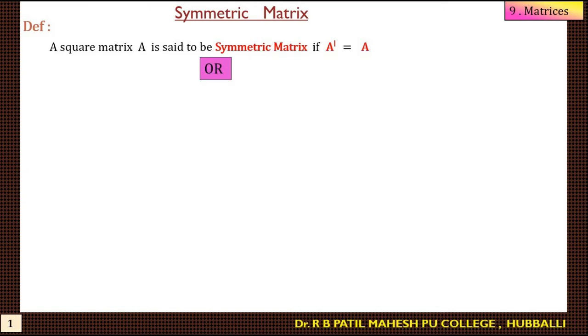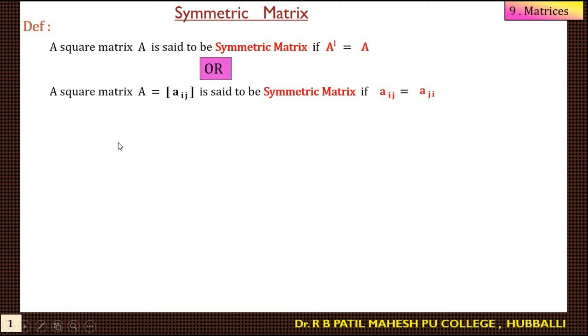Another definition: a square matrix A equal to the matrix [aij] is said to be symmetric if aij is equal to aji. That means in the matrix, the elements at position ij and position ji are both the same. If position wise the elements are equal like this, then when you find the transpose, you will get the same matrix.